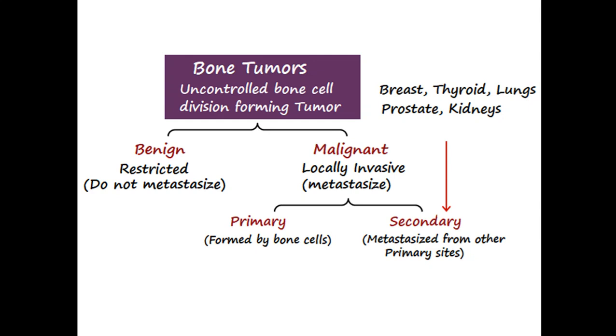So these are the common sites from where the tumors metastasize to the bone. Here it is important to say that secondary or metastasized bone tumors are more common than primary bone tumors.